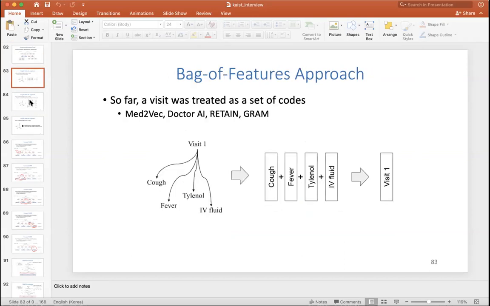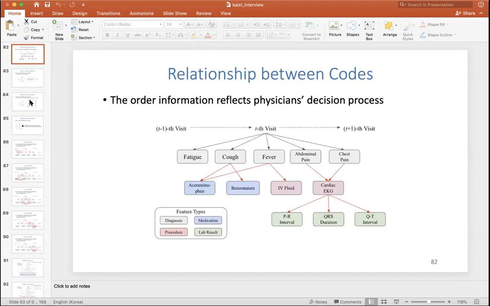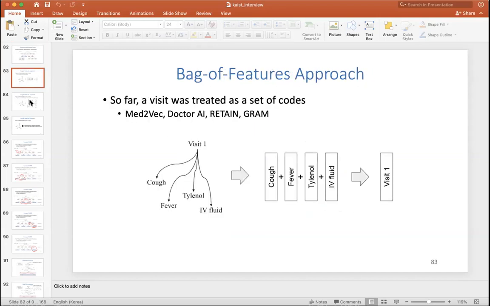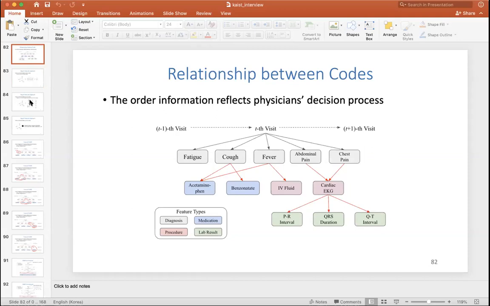Before, if you give it like this, then anything could happen. If you just add these up and give them to the model, then any relationship is possible. There are something like 2 raised to the power of 12 possible relationships. So the model needs to consider all possible combinations of relationships when trying to predict something, like heart failure.